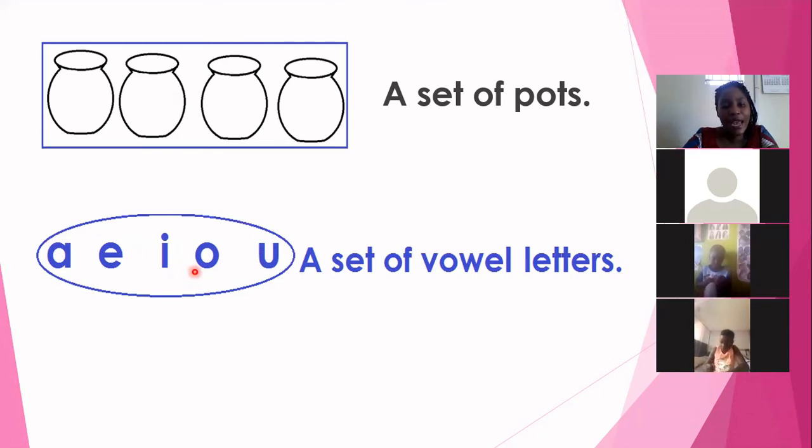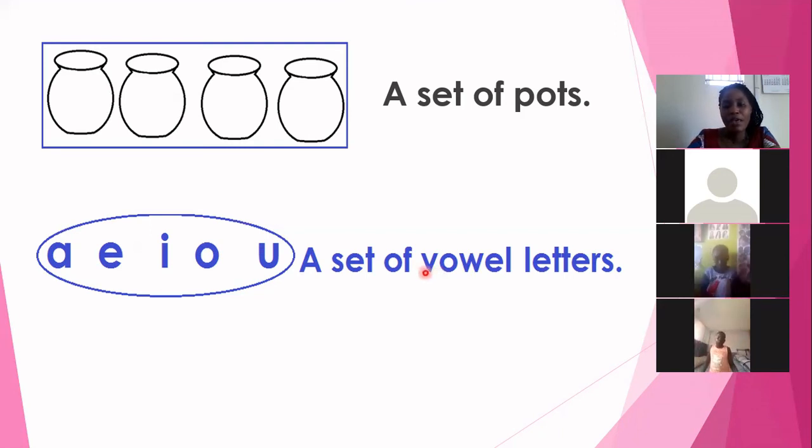So if we are naming, we are going to say a set of vowel letters. Now begin on the word vowel. We are going back. Together we are going to spell the word vowel. So you will follow the teacher. We spell the word vowel.